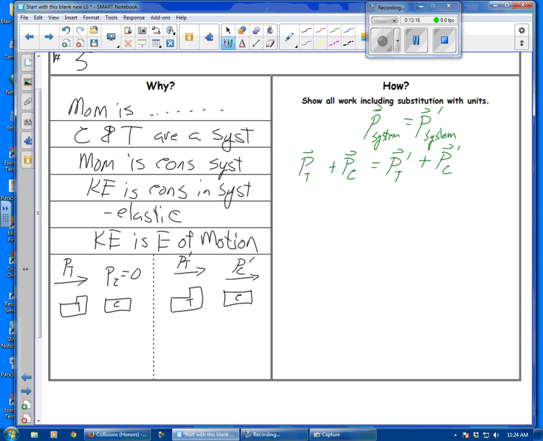Now, using what I know about momentum, I have the inertia of the truck, velocity of the truck, plus the momentum of the car before, which is 0 kilogram meters per second. And then I have the inertia of the truck, velocity of the truck afterwards, plus the inertia of the car, velocity of the car afterwards.